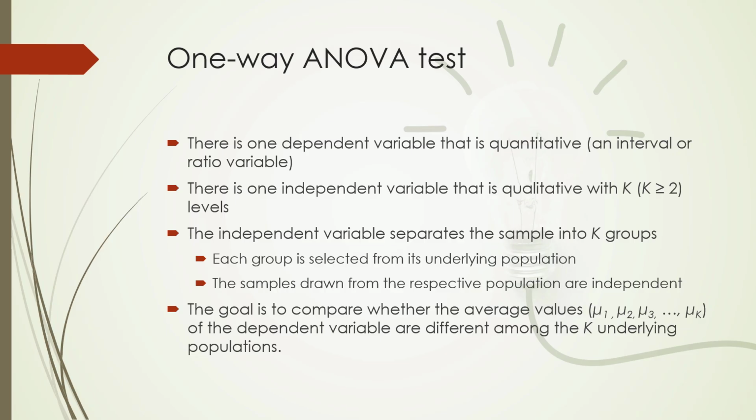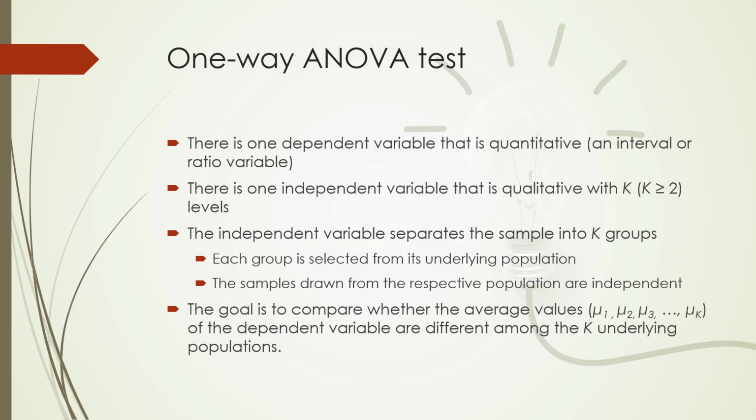The dependent variable is quantitative, while the independent variable is qualitative with k values, where k is 3 or more. The k levels of the independent variable divide the sample into k groups. Remember that each group is drawn independently from its underlying population.